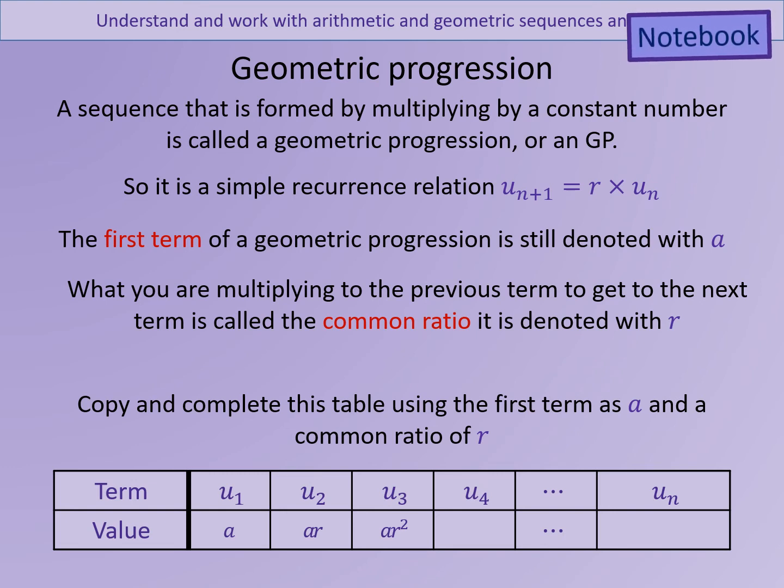The fourth term is then the third term multiplied by r, which gives us ar cubed. So we can spot here that the power of r is always 1 behind the term number that we are on. So to get the nth term, we calculate a times r to the power n minus 1. For example, the 10th term will be ar to the power 9.